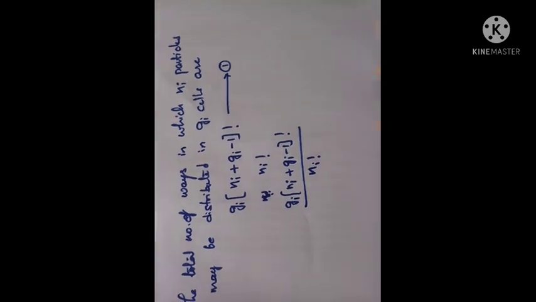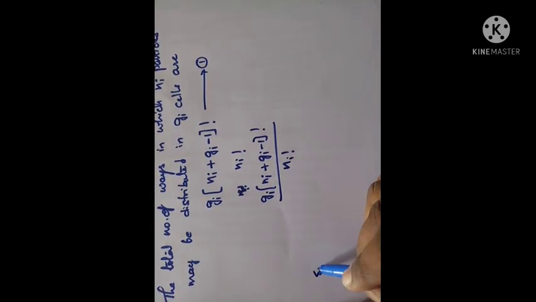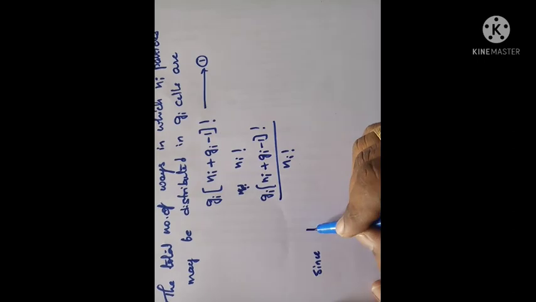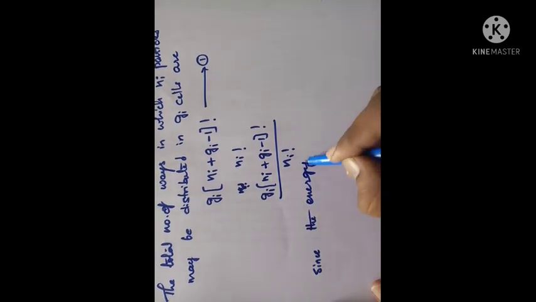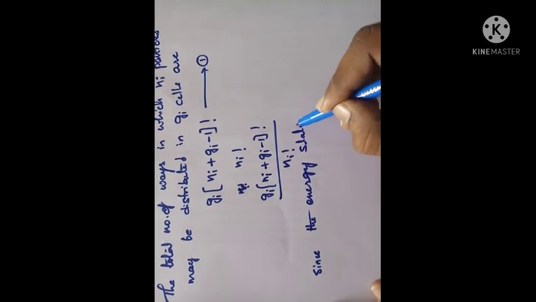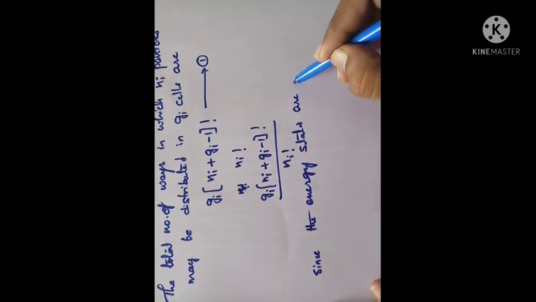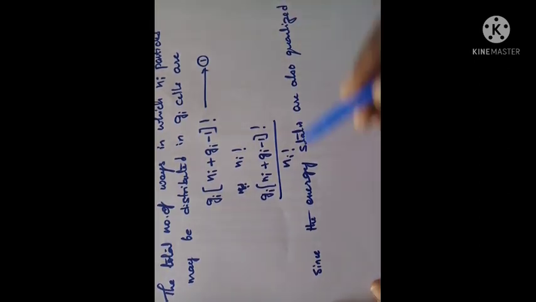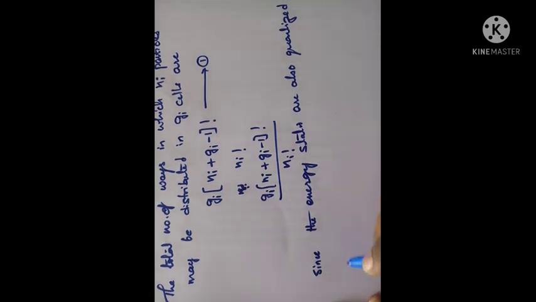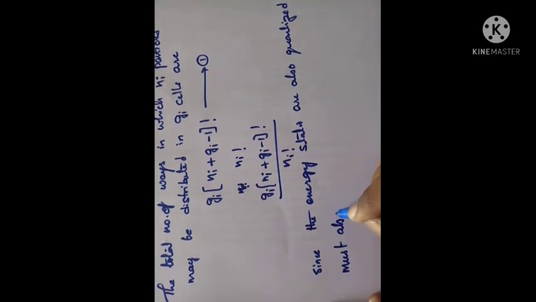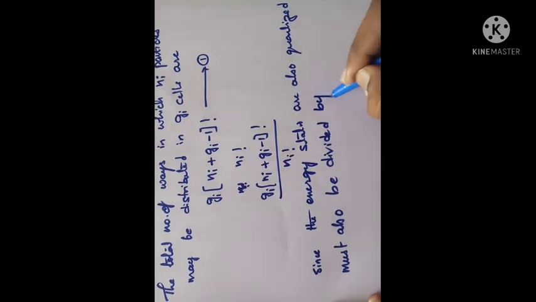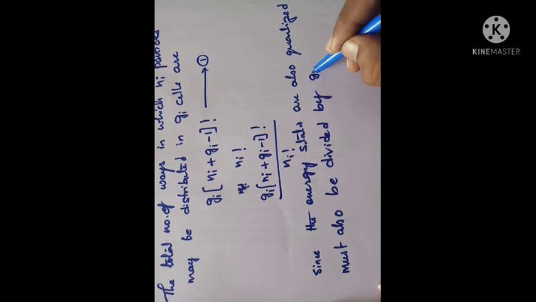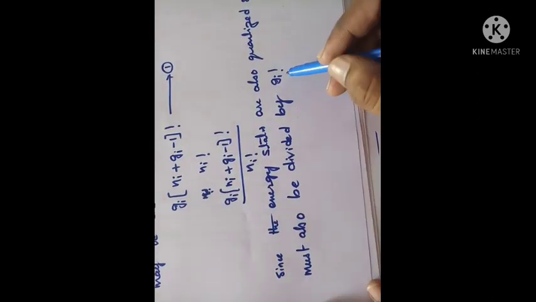Now, since the energy states are also quantized, equation number 1 must also be divided by Gi factorial. So let us divide the above equation by Gi factorial.